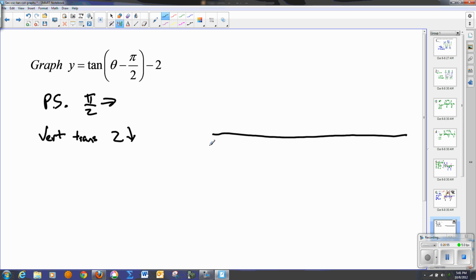I'm going to go forward pi/2. My intervals in this case, notice this is a little bit different. My period for tangent is equal to pi.